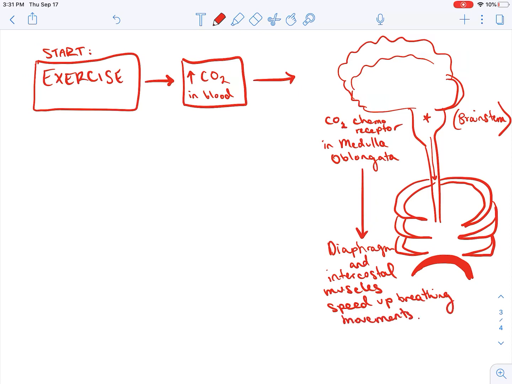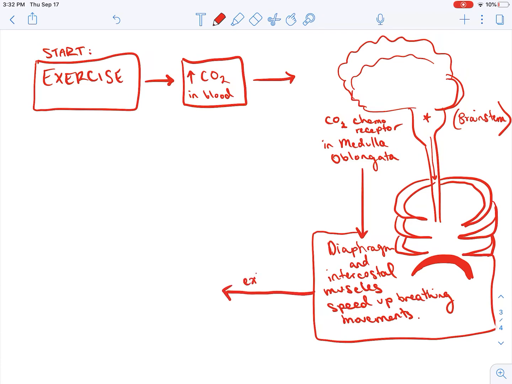And that should, assuming that your actual respiration is occurring, help to restore your blood concentration of CO2 to normal. So basically you're going to exhale faster, and so you're going to exhale more of the CO2.